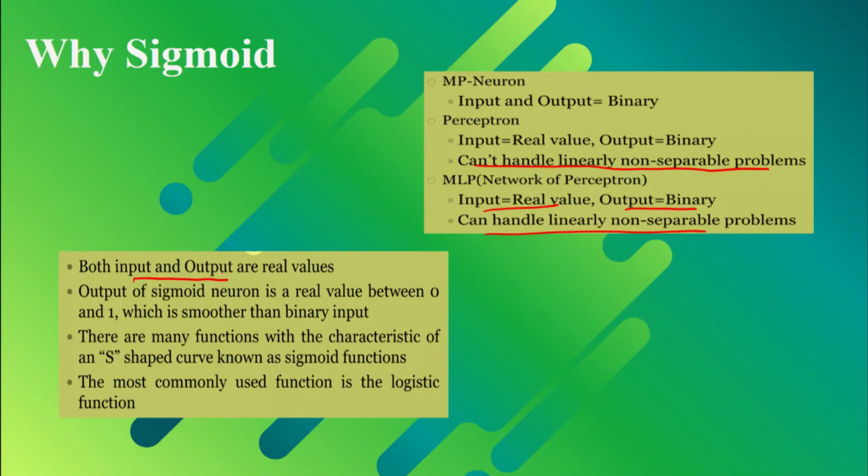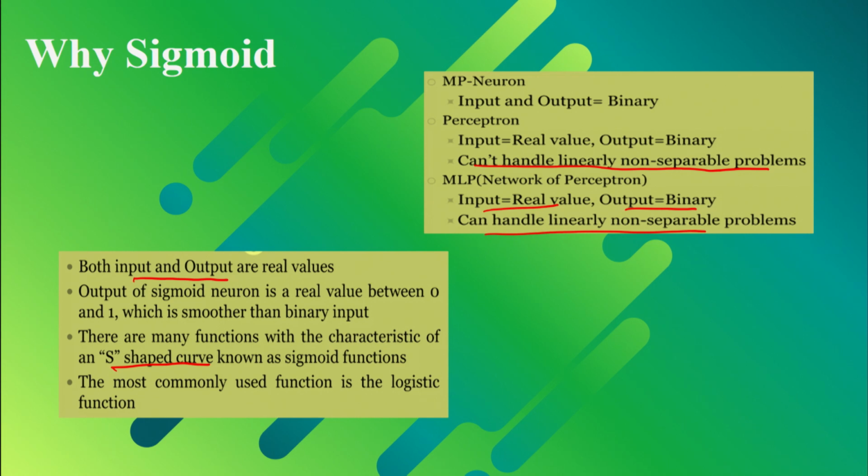Now, why are sigmoid functions necessary in machine learning or deep learning applications? Here we can consider input and output both as real values, and the output of one sigmoid neuron is a real value between 0 and 1, which is smoother than the binary output.